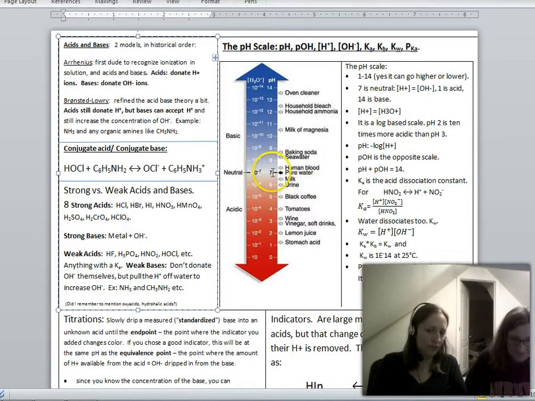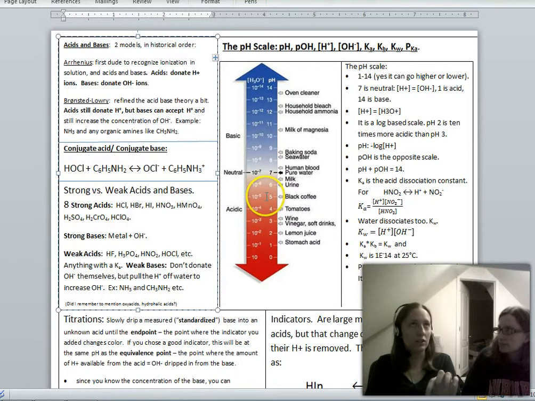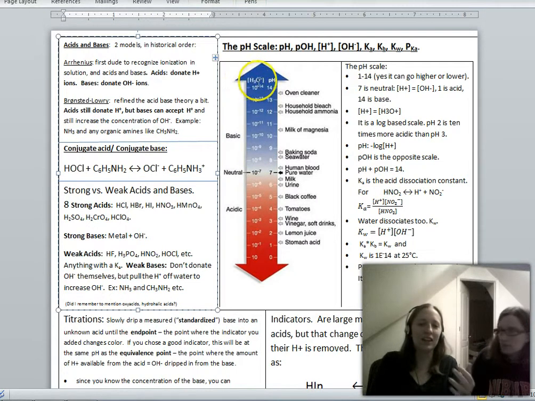7 is neutral. The location pH 7 is exactly where the concentration of hydroxide ions is equal to the concentration of hydrogen ions. And also be aware that when hydrogen ions are mentioned, they may as well be calling them H3O+.